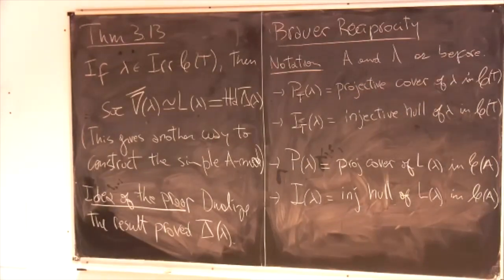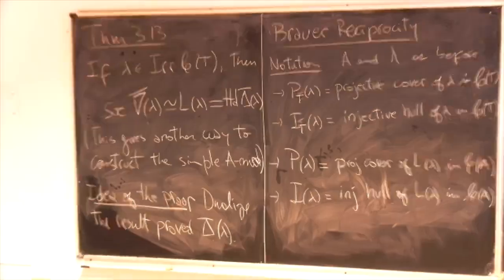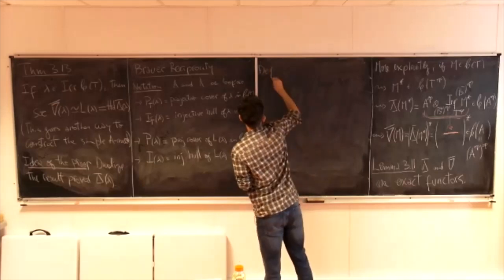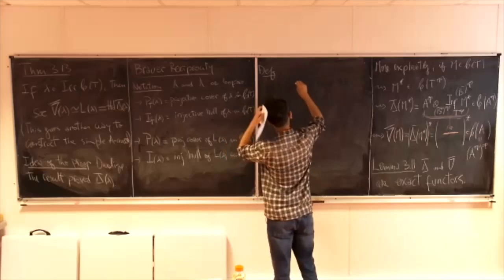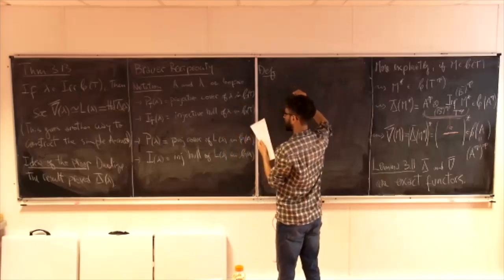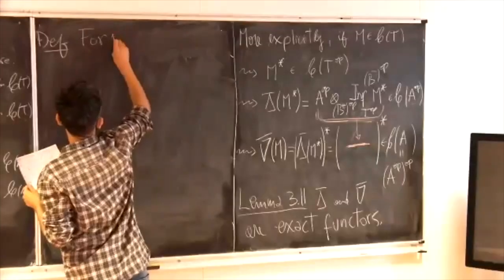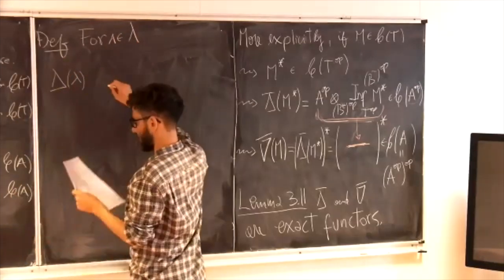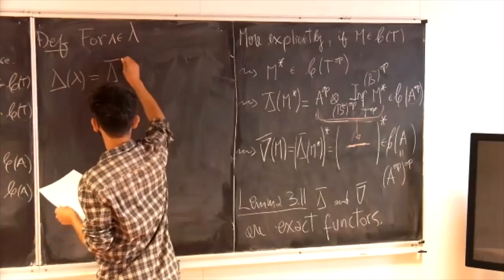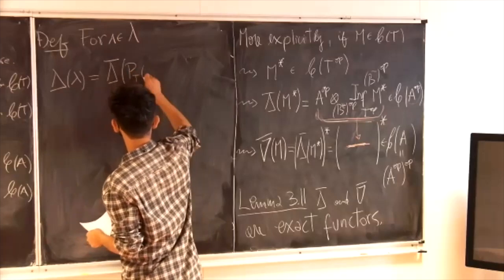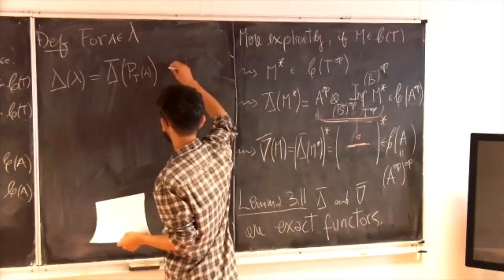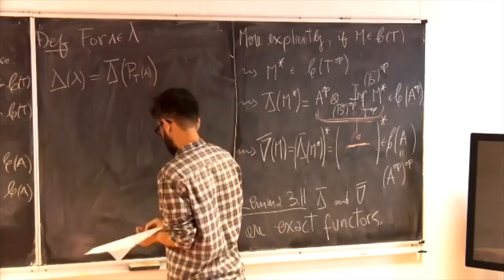Now a new definition appears. Definition: for lambda in Lambda, delta lambda, without the bar, is the proper standard module of the projective cover of lambda in the category of A_T modules, and we will call this the standard module of lambda.